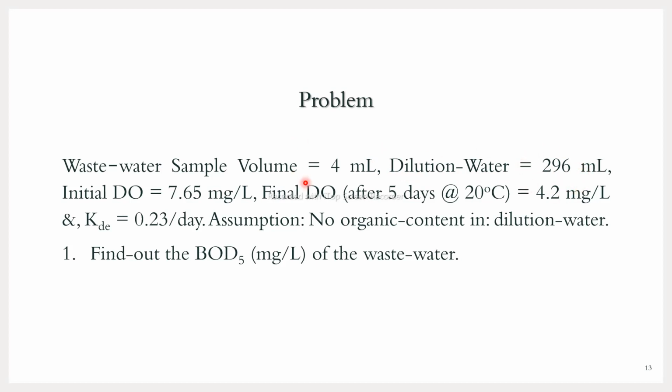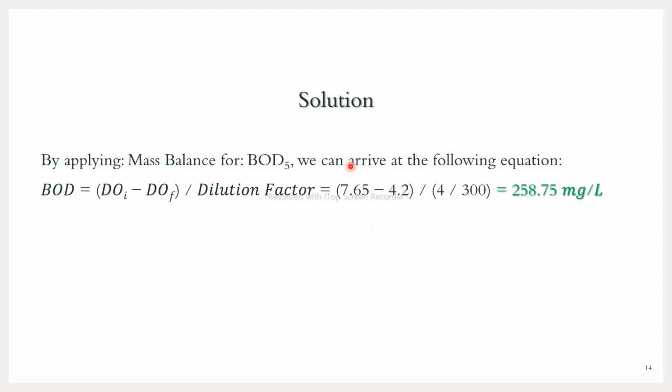It is mixed with the wastewater sample, so the total volume becomes 300. But the DO difference that we are getting is based on the total, whereas we have to calculate the DO in the 4 ml. So that's why the dilution factor is 4 divided by 300.